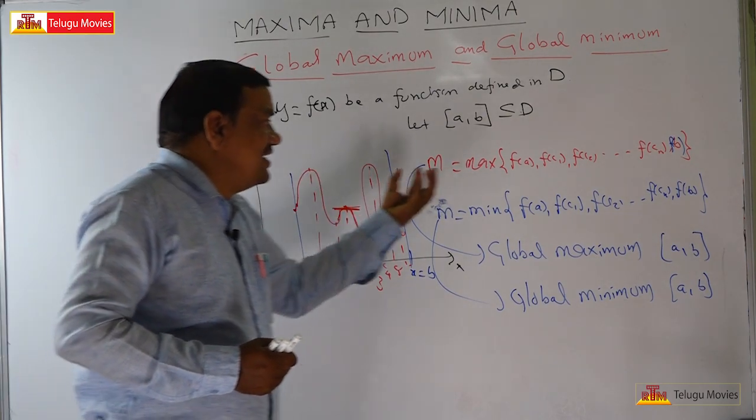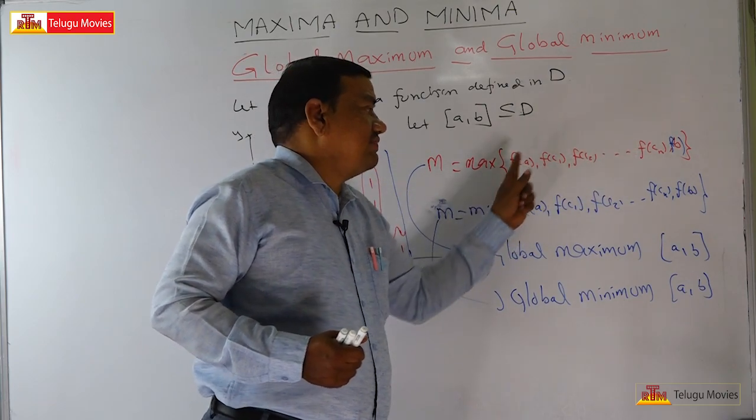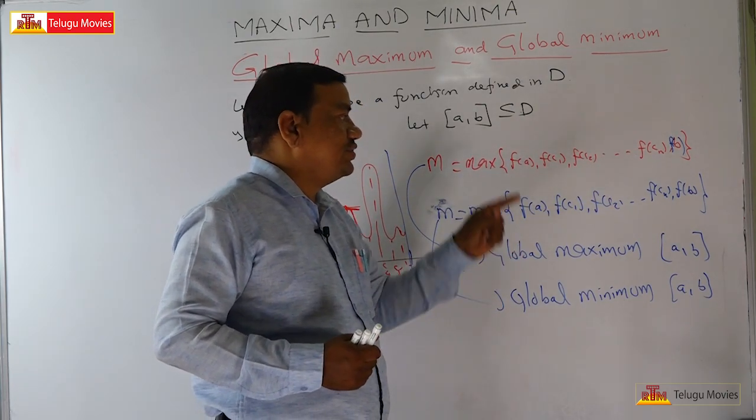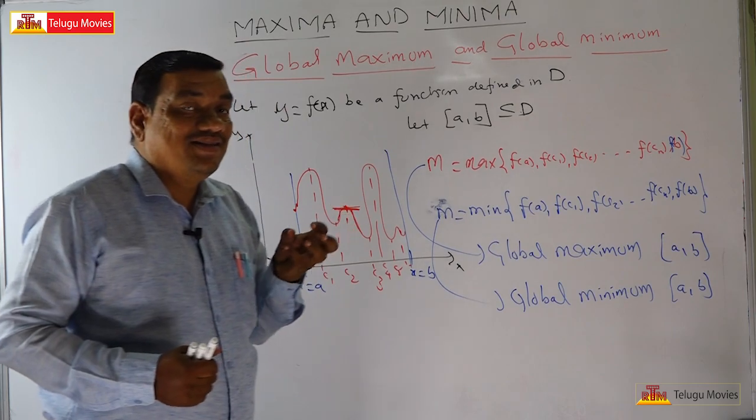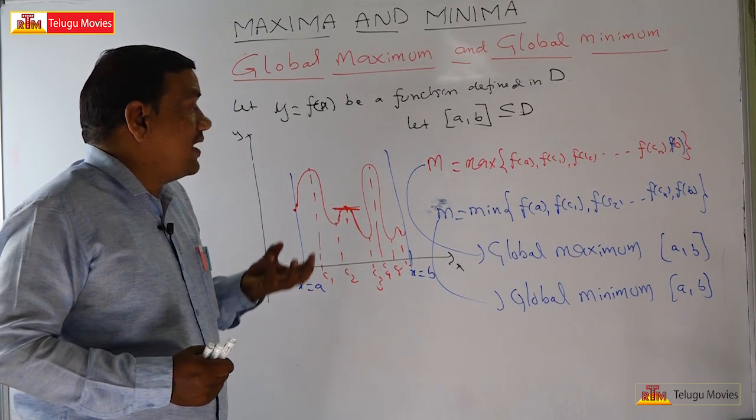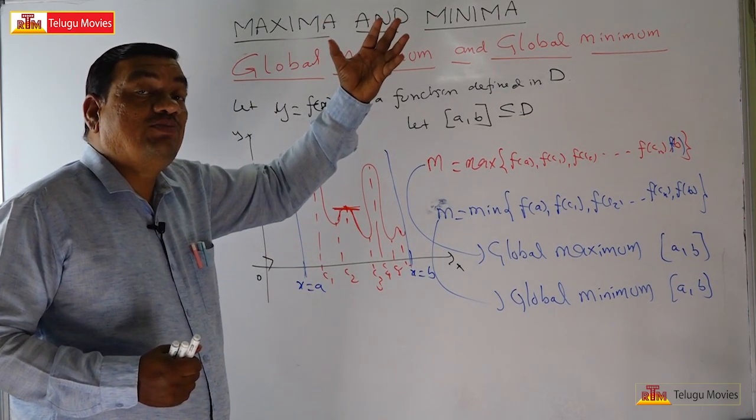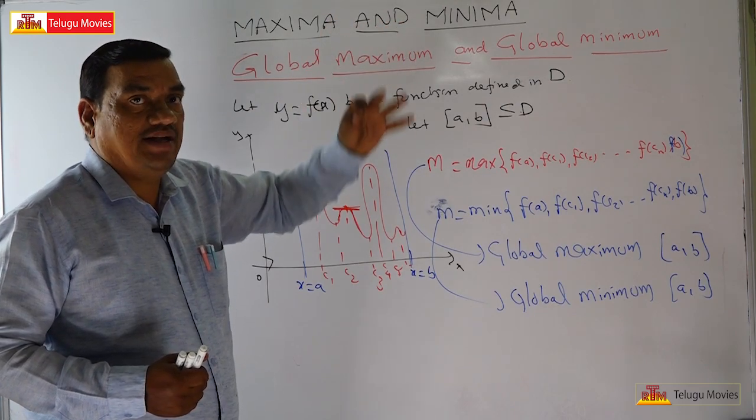That means the least value of all these values, f of a, f of C1, f of C2, f of Cn, that is f of b, is called the global minimum, and the maximum value is called the global maximum.